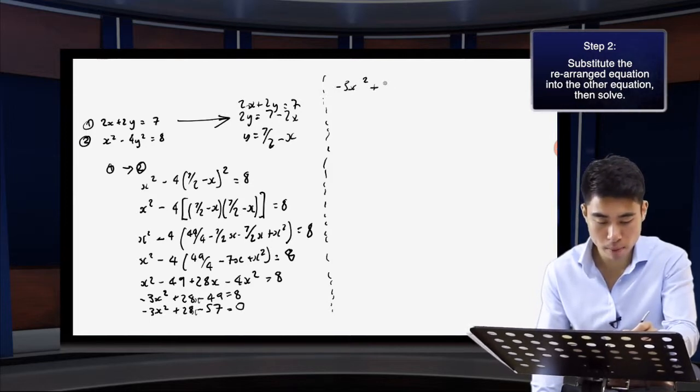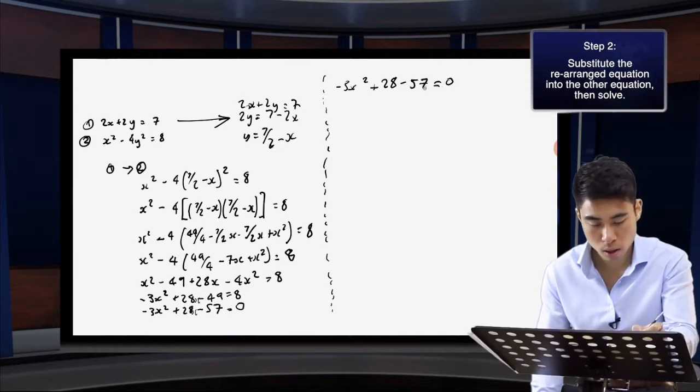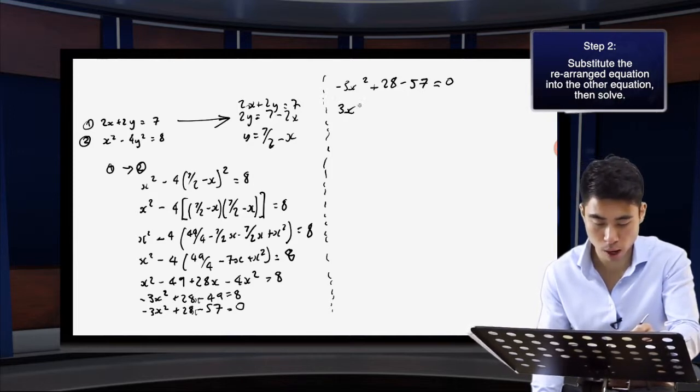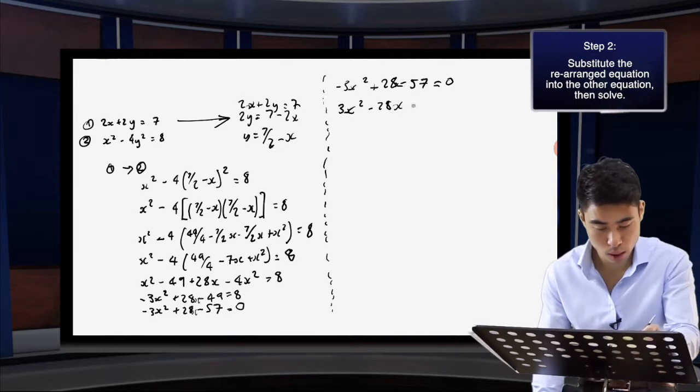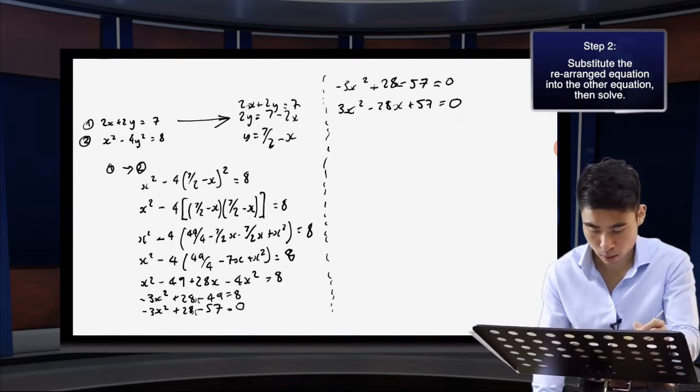I think personally, I find it easier factorising quadratics when my coefficient on x squared is positive. So I'm just going to multiply through both sides here by minus 1. Minus 3x squared becomes 3x squared, minus 28x plus 57 equal to 0.